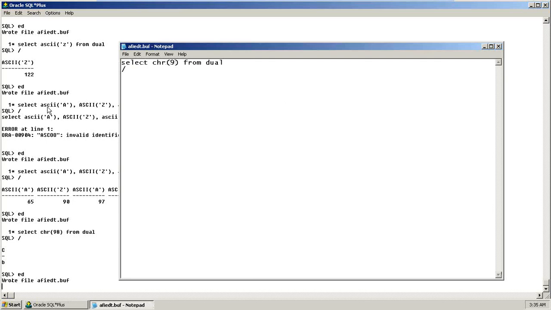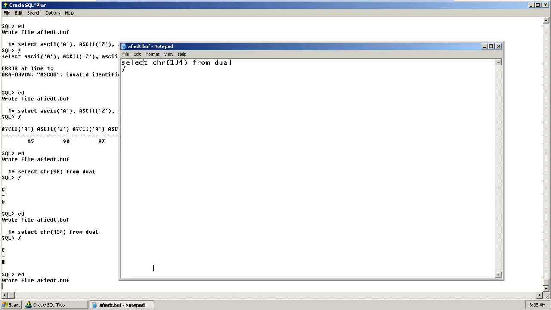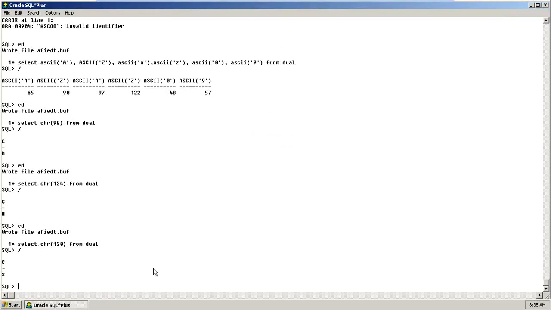Suppose what is the ASCII character of 134? That is some special character, right? Like this, it takes a number as an input and returns the relevant ASCII character. This is the char function. So these are the various character functions we can use in Oracle.